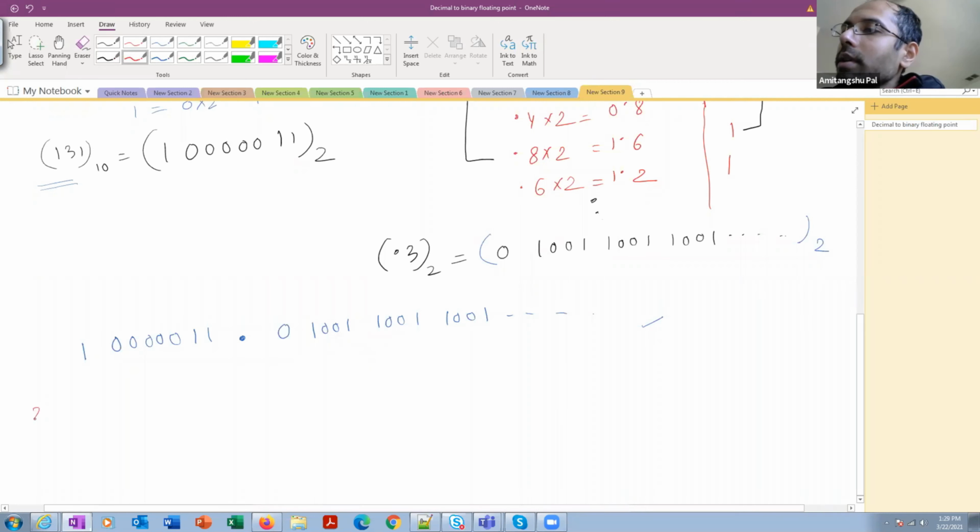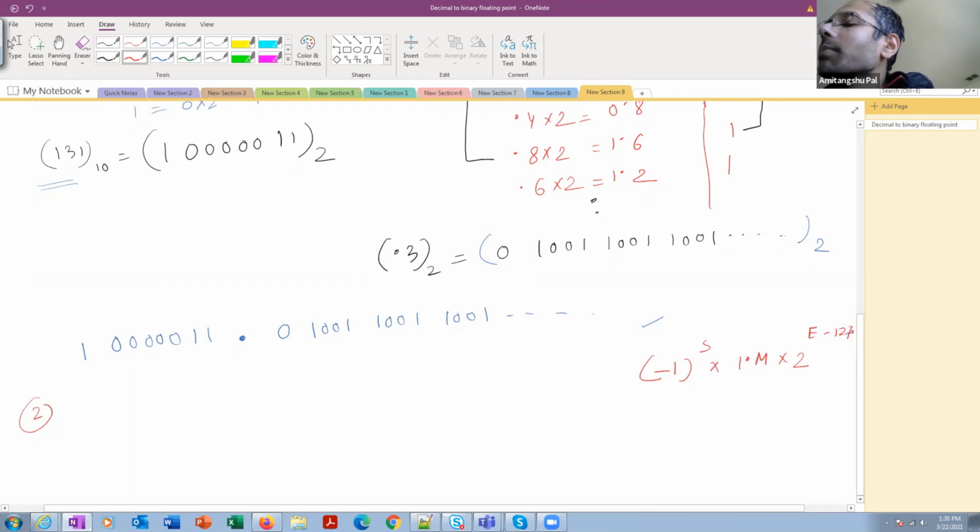The next step is to bring this point from here to here. Why? Because my ultimate goal is to represent this number in this format: -1 to the power s into 1.m into 2 to the power e minus 127.